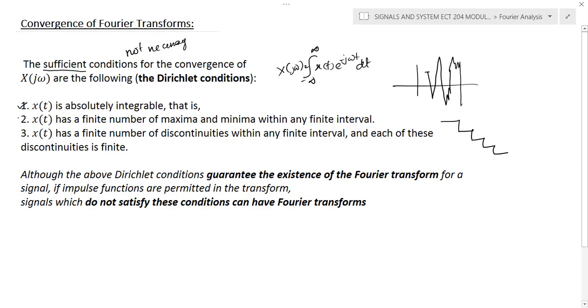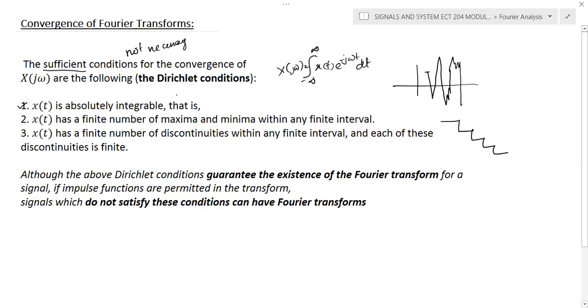So if the signal is absolutely integrable, in most cases we can find the Fourier transform. And initially I mentioned that the condition is sufficient but not necessary, meaning the Dirichlet conditions may not be satisfied for some signals, but the Fourier transform of such signals exists. If the Dirichlet conditions are satisfied, then it guarantees the existence of the Fourier transform.